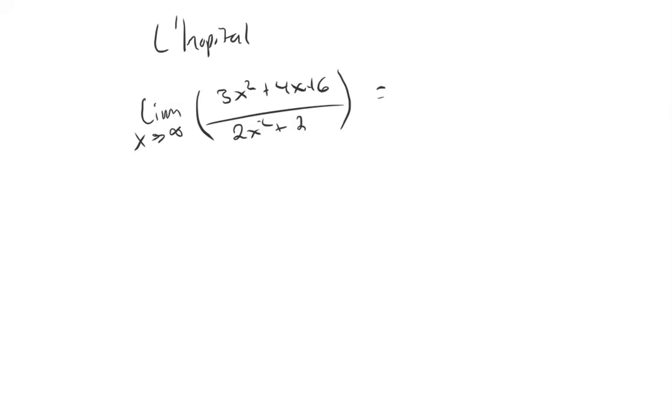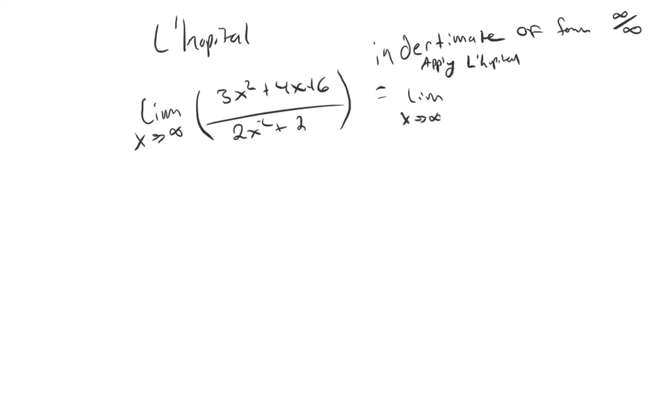So we could say that, okay, well, this is indeterminate, and I like to justify why I'm using L'Hopital's. Since x is approaching infinity, this is an indeterminate of the form infinity over infinity. So we apply L'Hopital, and we get that this is equal to the limit as x approaches infinity of the derivative of the numerator, which is 6x plus 4, over the derivative of the denominator, which is 4x plus 0.